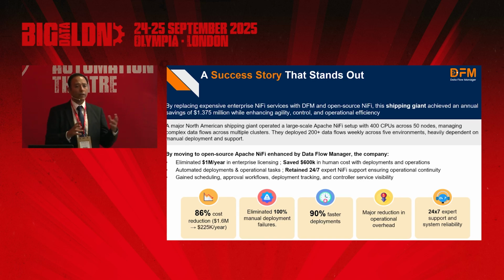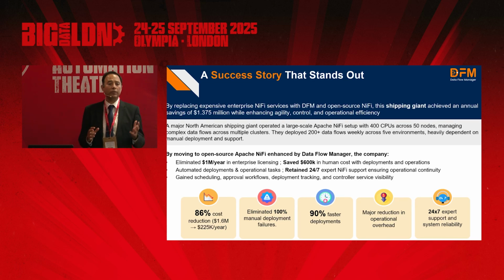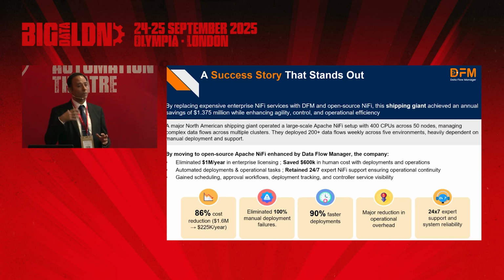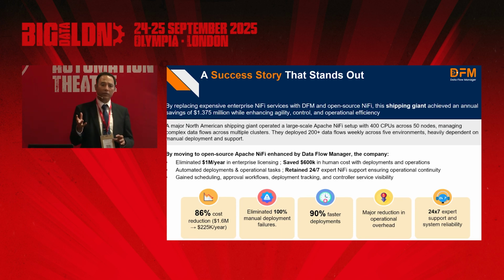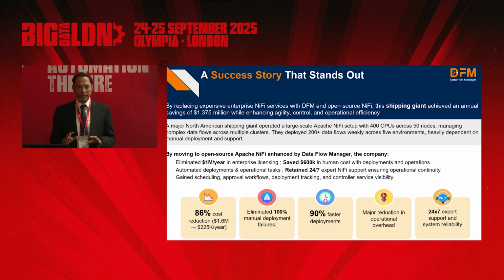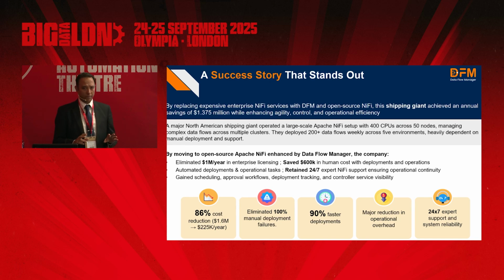They had been using an enterprise ETL platform earlier, costing almost $1 million a year. And on top of that, they were spending 600K USD as human cost. With DFM, their total costs have come down to 225K USD. That is a decrease of 86%.